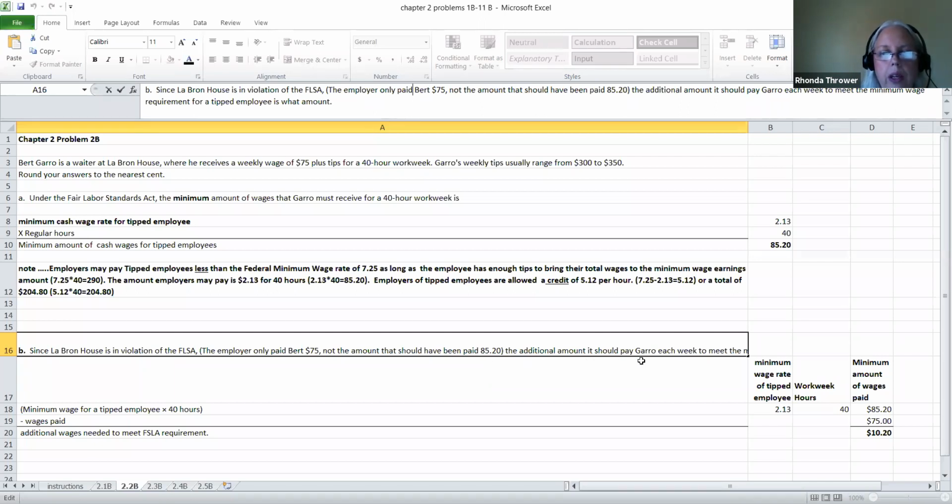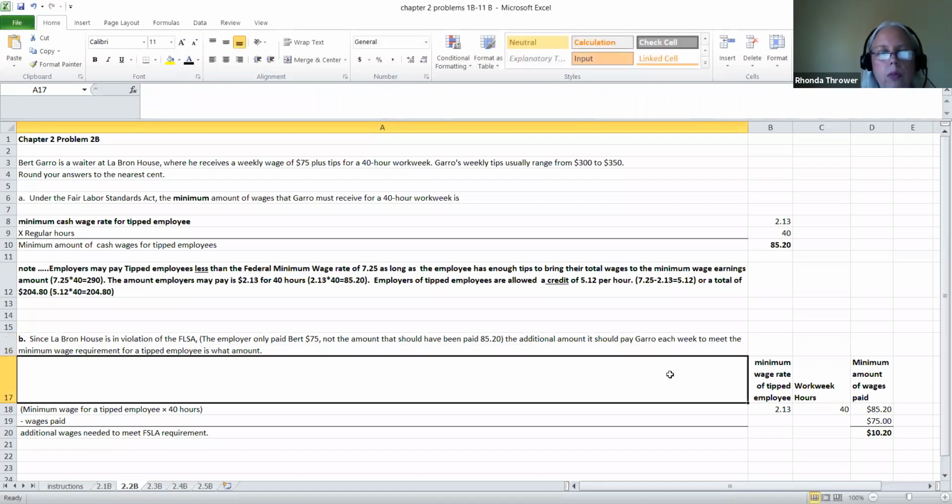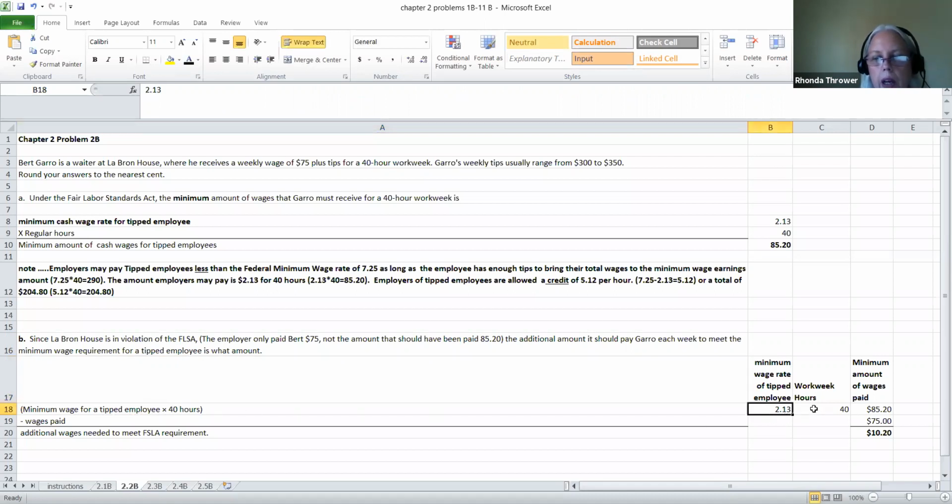The additional amount it should pay Garrow each week to meet the minimum wage requirement for a tipped employee is what amount? And so the minimum wage for a tipped employee is $2.13 for 40 hours. If you multiply $2.13 by 40 hours, it gives you $85.20. That's the minimum amount the employer must pay a tipped employee.